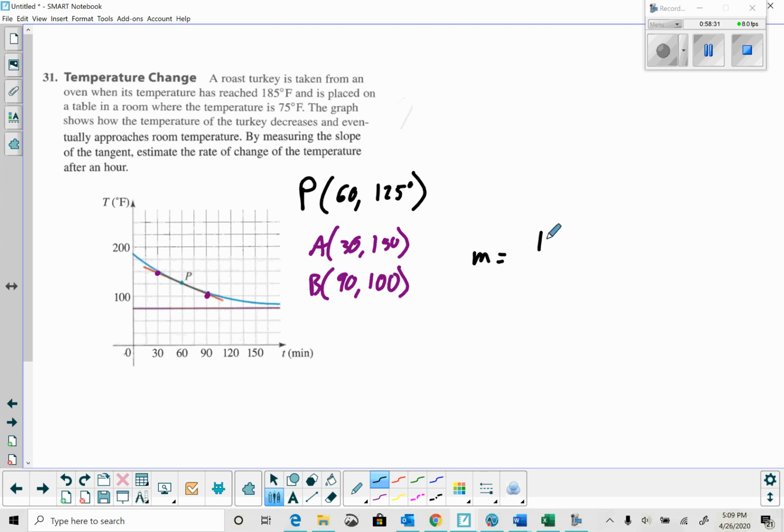So now 150 minus 100 over 30 minus 90. So that's about 50 degrees every 60 minutes. Oh, that's negative. So it's cooling off. No kidding.